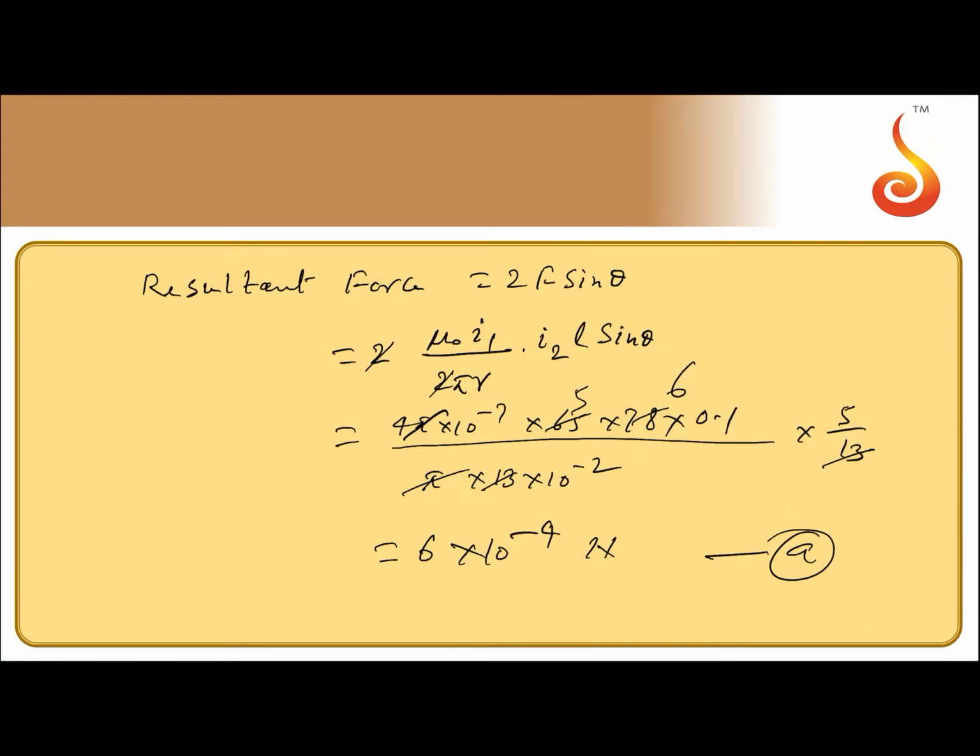Next we have to calculate the torque. So torque is equal to mu naught I1 I2 by 2 pi r into A cos theta, L cos theta.